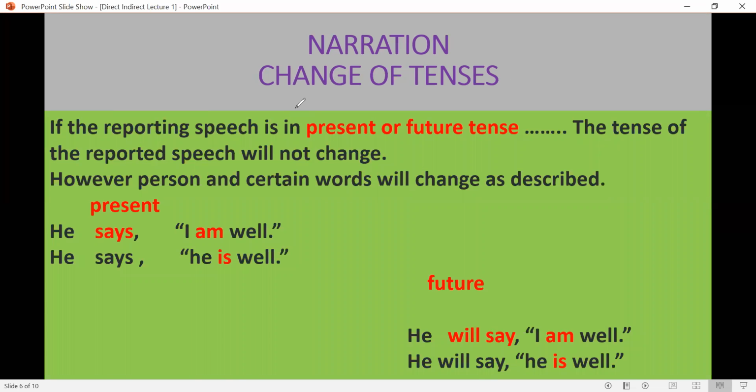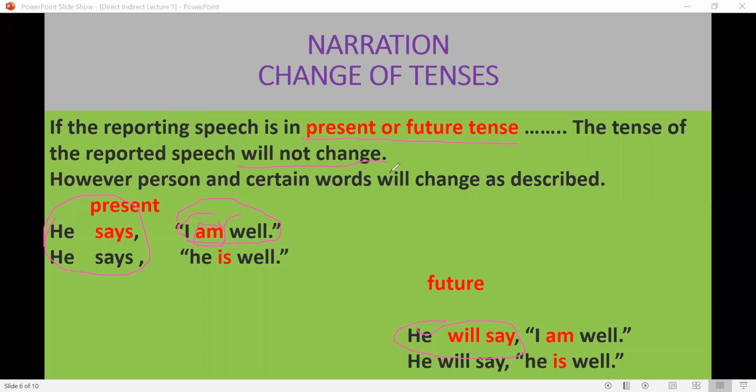Now, the second thing which we change while making indirect from a direct sentence: if the reporting speech is in present or future, the tense of the reported speech will not change.